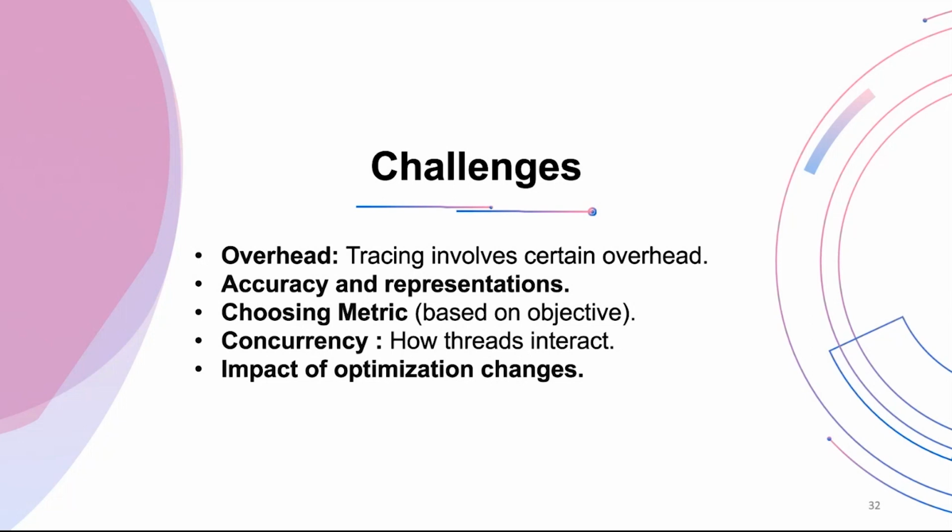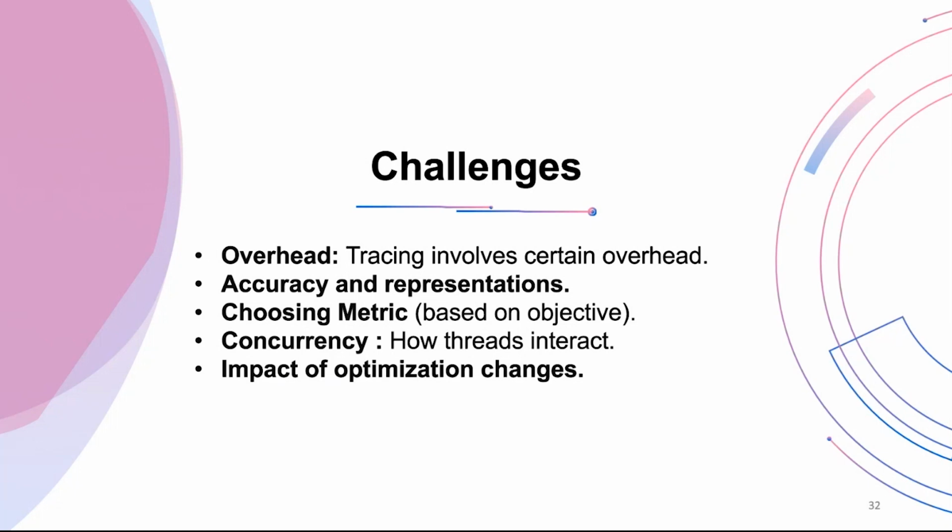The other challenge is choosing metrics. Though we choose metrics based on our objective, it's a major challenge how these metrics should be captured, and what kind of data we are going to capture.